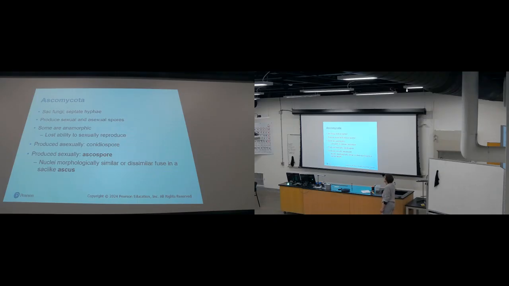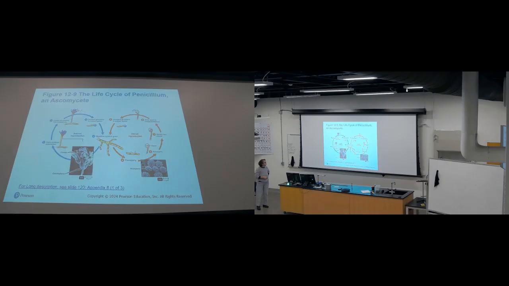In terms of the shape of the nucleus, well, it would vary based on the structure like a sac that is called the ascus, whether it's different or the same. So here we have the life cycle of Penicillium, which is one of these Ascomycetes.